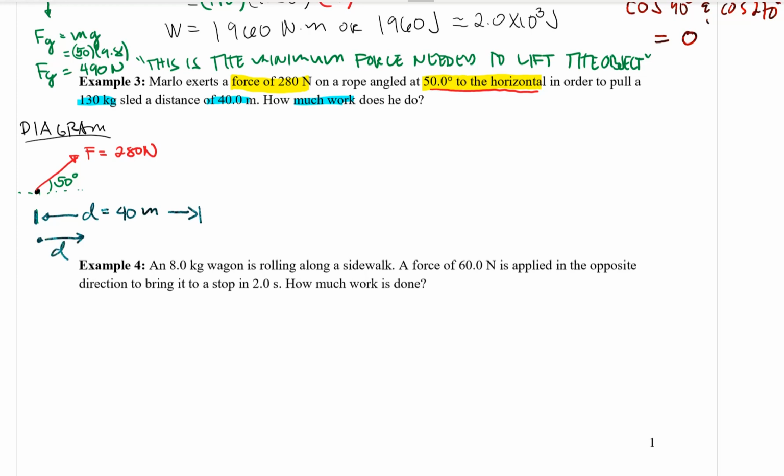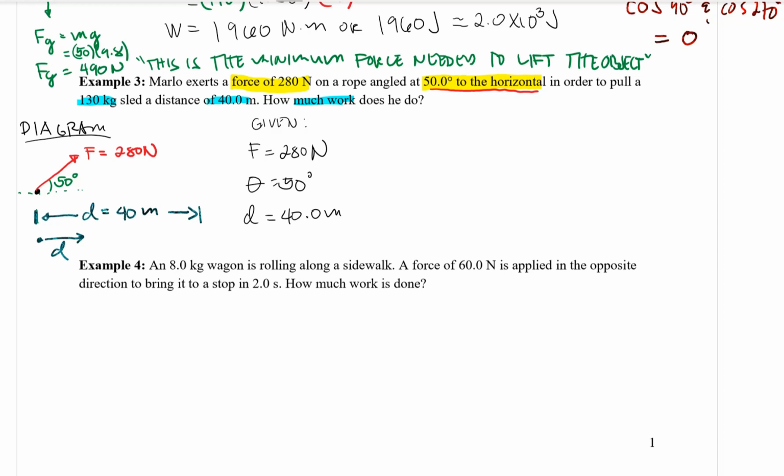Now if we rewrite the given: F, the applied force, is 280 newtons, angle theta is 50 degrees, and d is 40.0 meters.